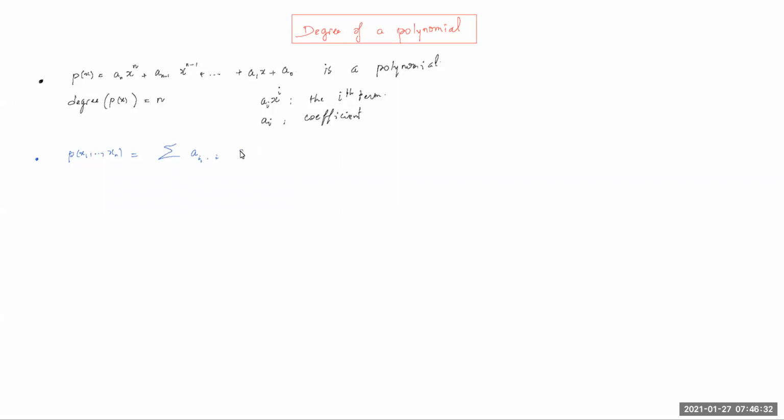Let's see how we can do that. We have x_1 to the power n_1, x_2 to the power n_2, and so on, up to x_n to the power n_n, and we are adding over all possible indices n_1, n_2, up to n_n. There are numbers and there are the variables.